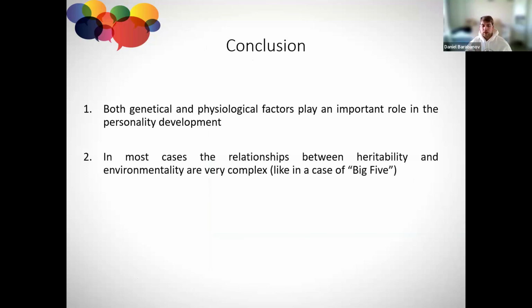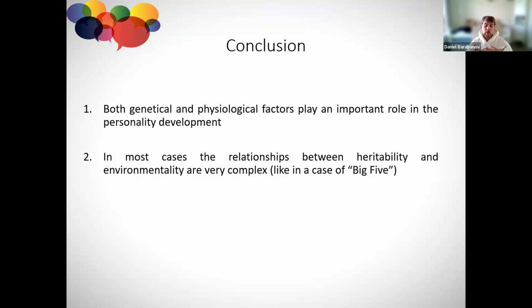In most cases, the relationships between heritability and environmentality are very complex, right? So, for example, 40, 50, 60% heritable, and 40, 50, 60% due to environmentality. So relationships are very complex. Genetics plays a very important role, but the same important role goes to environment.